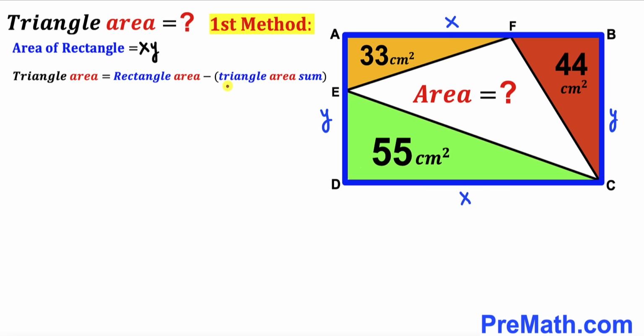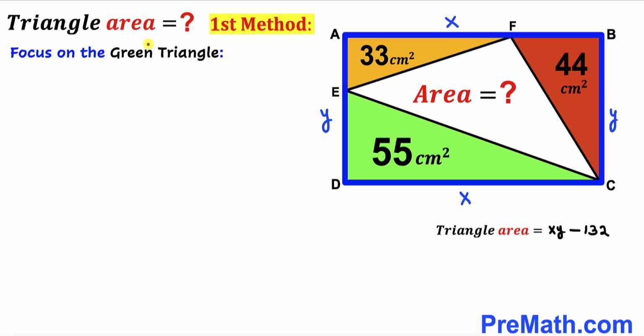So the area sum of these three triangles turns out to be 132. Since the blue rectangle area is X times Y, we can fill in the blanks: our white triangle area is going to be X times Y minus 132. So now our task is to find the value of X times Y.